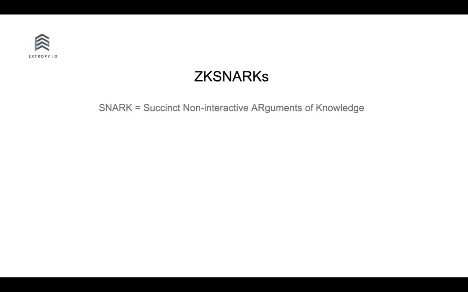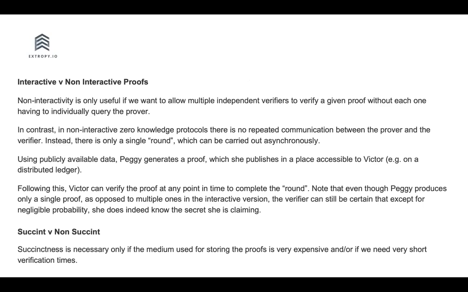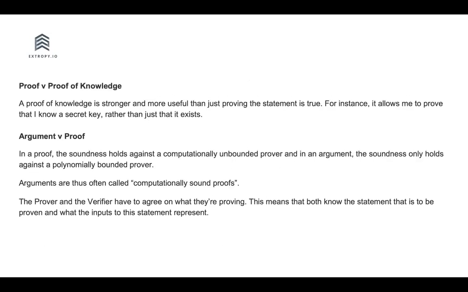Succinct, because we want this to be practical, we want the proof to be of a reasonable size. If the proofs were terabytes of data, then that would not be feasible, particularly in the blockchain world. So we want the proof size to be relatively small. The argument of knowledge is really a mathematical distinction, and we don't have to really go into that.